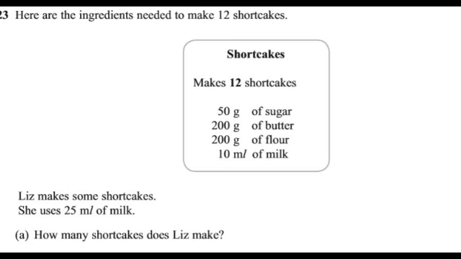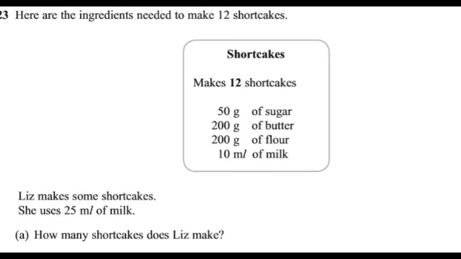Here are the ingredients needed to make 12 shortcakes. So we need 50 grams of sugar, 200 grams of butter, 200 grams of flour, and 10 mils of milk. Liz makes some shortcakes. She uses 25 millilitres of milk. How many shortcakes does Liz make?